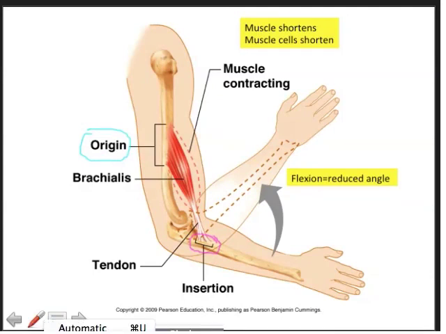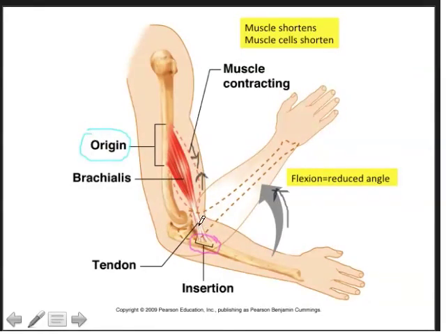When this muscle gets short, what happens is that we have elbow flexion. You can see the elbow here going up. So origin, insertion, and action. Flexion means to reduce the angle between the two bones as a result of the muscle getting shorter.